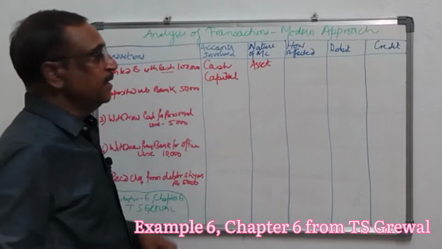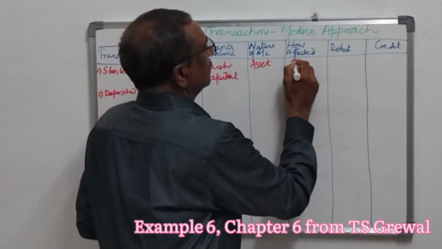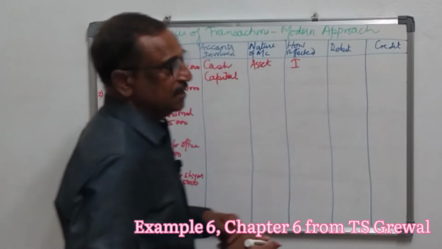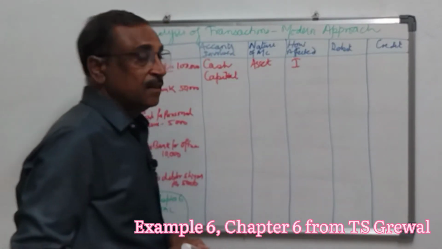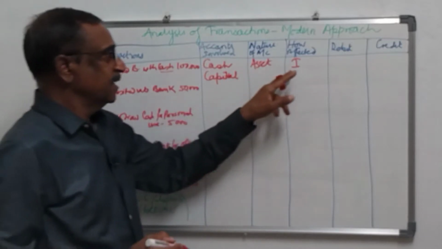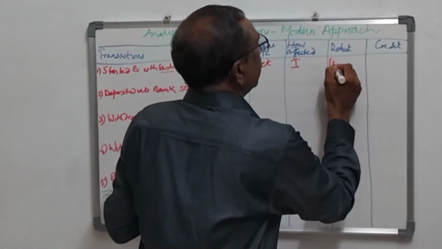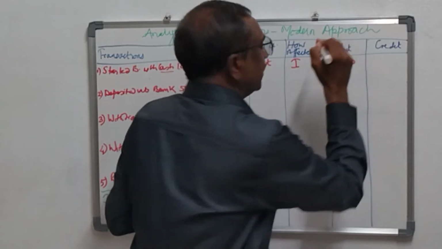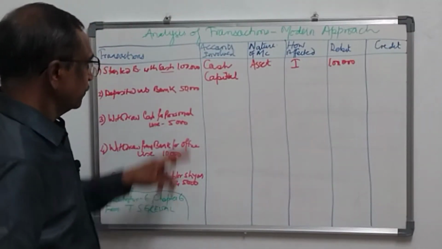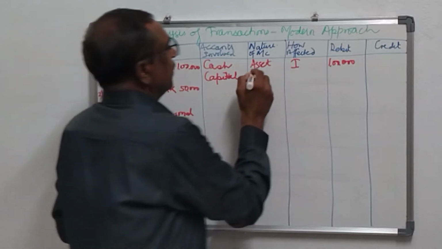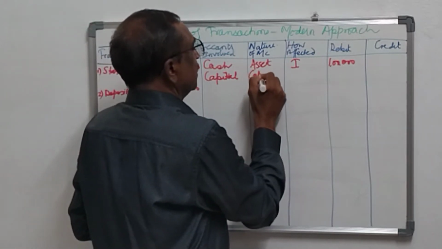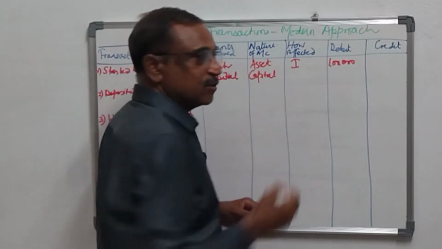How affected? It is increased. The cash has increased. And the rule for asset is increase in asset is debited. So we will write 1 lakh in the debit column. Capital in itself is capital, and it is also increasing.